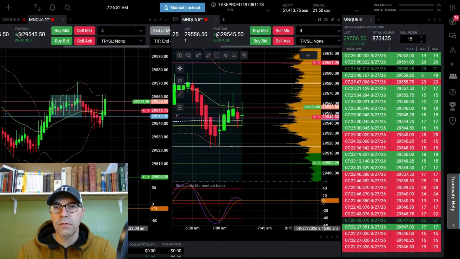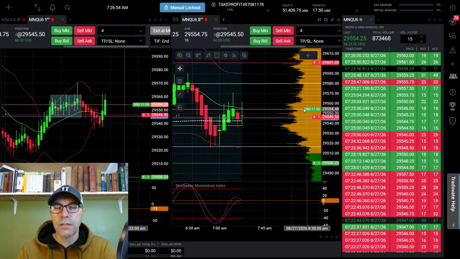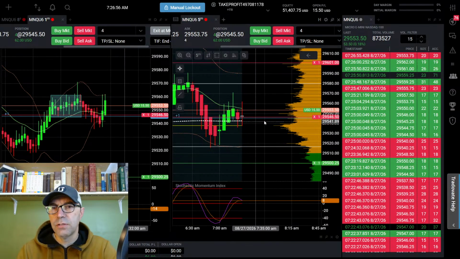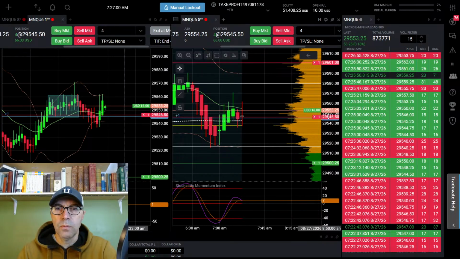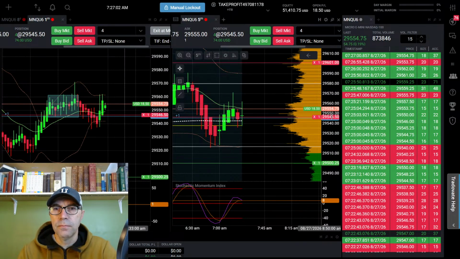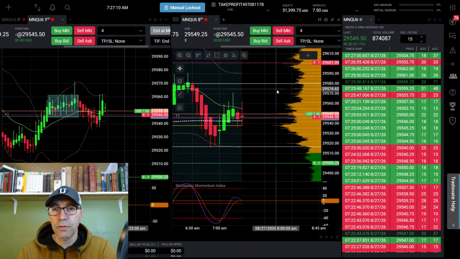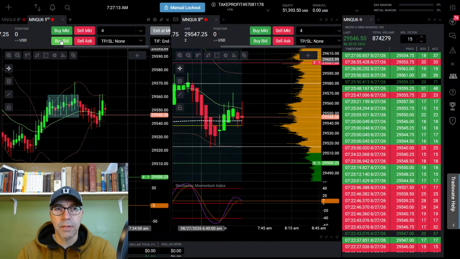Let's make it break even, because a lot of times you see the price dip back, and I don't want to take it to profits too early, because there might be a bigger move to these. No, stopped out.